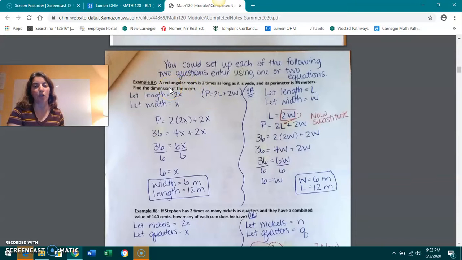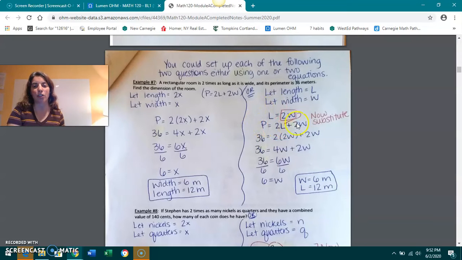That's what we're finding. So we could say, let the length equal L, let the width equal W, 2 different variables. In that case, we need 2 different equations. We need a system. So I could say the perimeter is 2L plus 2W, and my length is 2 times the width. It's 2 times as long as it is wide, so whatever the width is, twice that is the length. Now I would put 36 in for P, because I know the perimeter is 36.